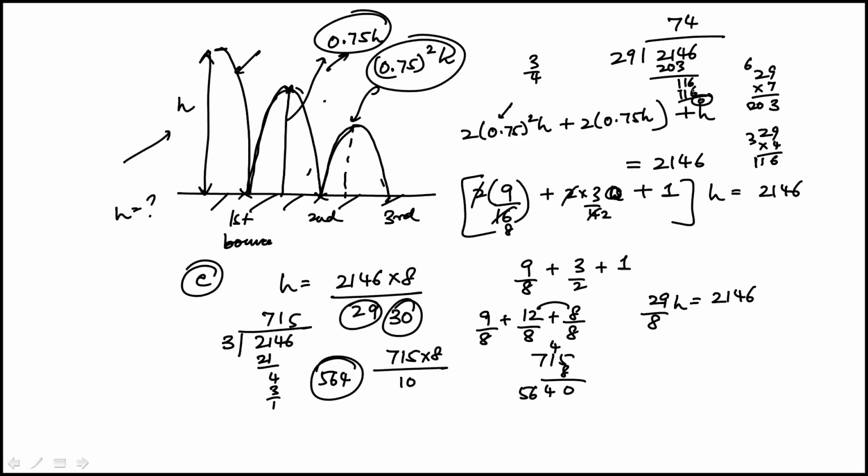So that's generally what I expect, but I didn't want to be doing division by 29. So 2146/29 is 74, and the answer is 74 times 8, so I get 592.